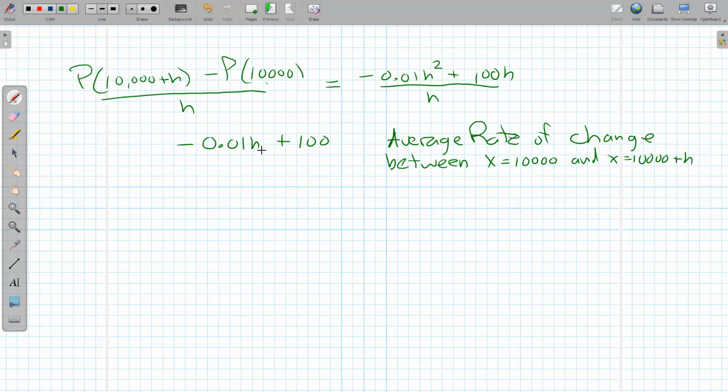So if we say production went up by 1 unit, then we would see that the rate of change of profit would be 100 minus that value right there.